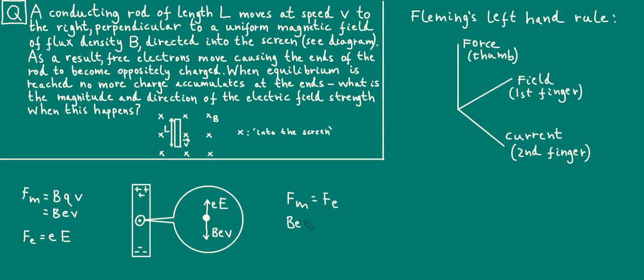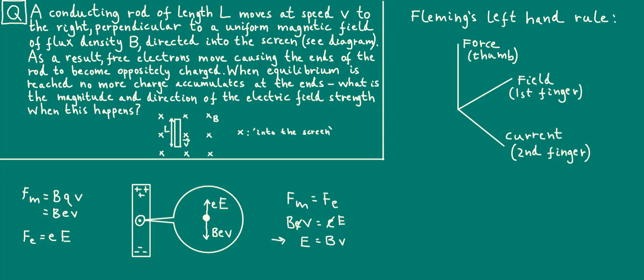If we cancel off the charge, little e, from both sides, we find that the magnitude of the electric field strength is equal to Bv, the product of the flux density multiplied by the speed of the rod. And the question also asks for the direction of the electric field strength, and that's simply just downwards. Remember, the direction of electric field lines indicate the direction of the electrostatic force on a positive charge.